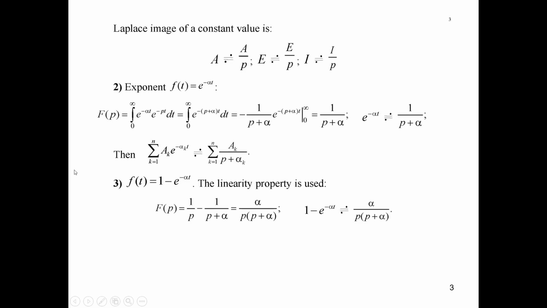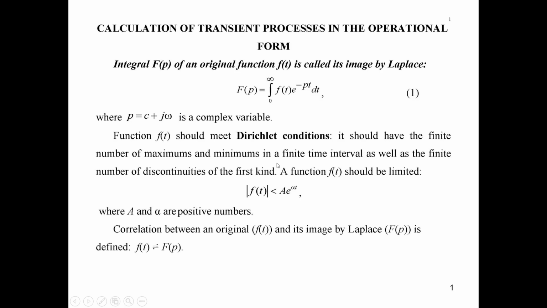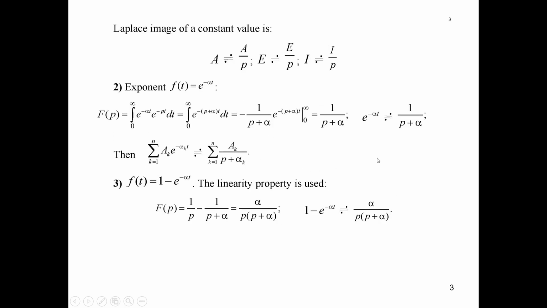So the image of the exponential function e to the degree minus alpha t equals 1 over p plus alpha. And so we can write down a very important expression. With the help of the property of linearity, we can write down that a sum of functions a_k multiplied by e to the degree minus alpha_k t, from k equal to 1 to n, may be presented as an image by Laplace as the sum from k equal to 1 to n of the same coefficient a_k over p plus alpha_k, because the image of an exponential function is 1 over p plus alpha.